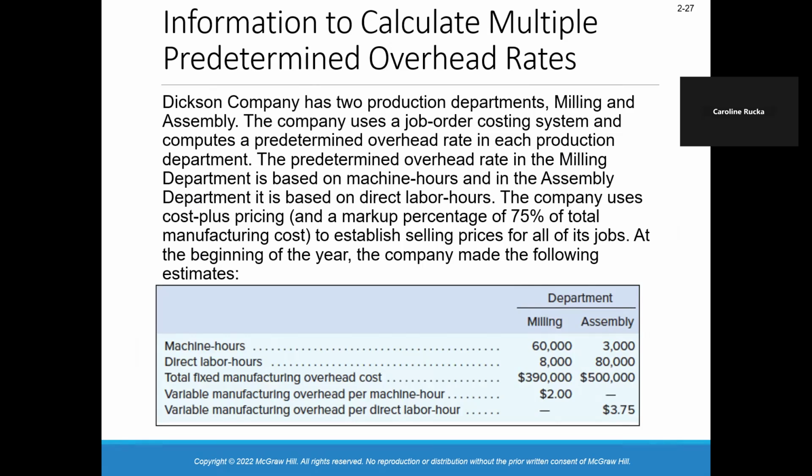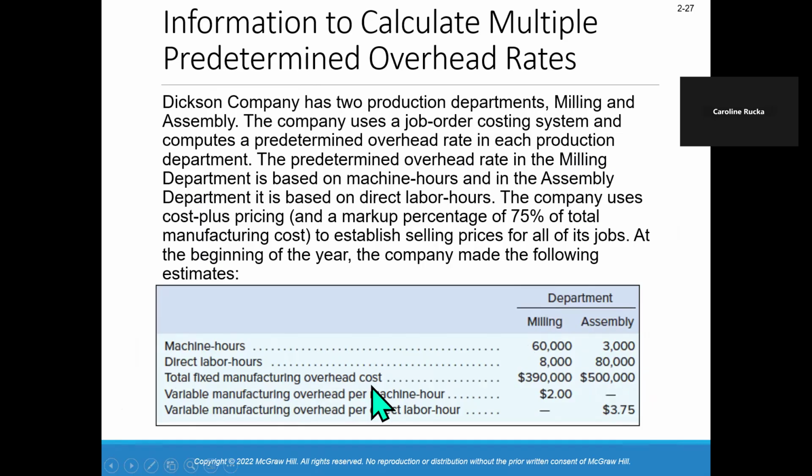At the beginning of the year, the company made the following estimates. Machine hours, 60,000 for milling, 3,000 for assembly. You can see a lot of machine hours go into that. That's probably why they're using that as their allocation base in this department. Direct labor hours, only 8,000 in the milling department, 80,000 in assembly. This is your allocation base for assembly.